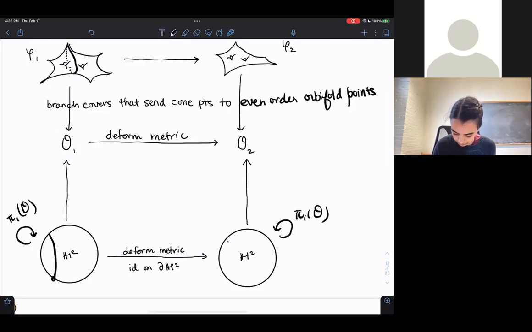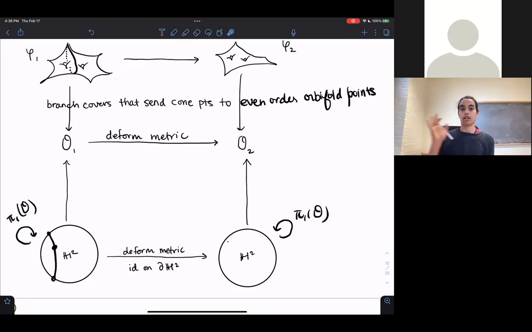It has to go through a point where there is an order 2 rotation around inside this group, because it goes to an even order orbifold point. There has to be an order 2 rotation around this point by this action. That means there's an element in pi1 O that swaps these two endpoints, because it's an order 2 rotation.